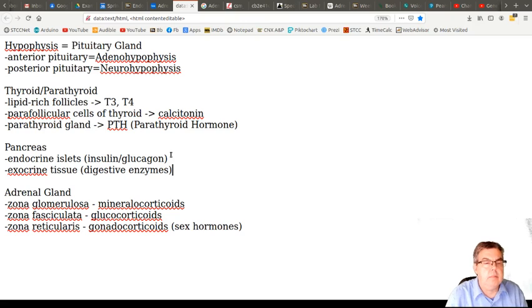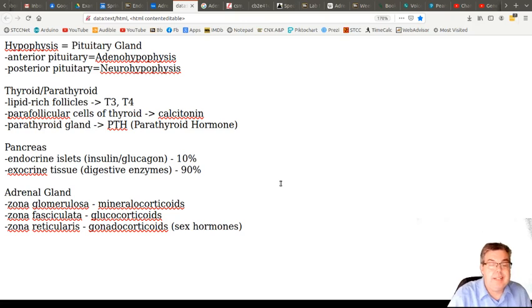Oh, and I might have failed to mention this. The endocrine islets represent about 10% of the pancreas, which means that the exocrine represents about 90%. And that fits with the function. The pancreas is about 90% a digestive gland, and only about 10% endocrine.